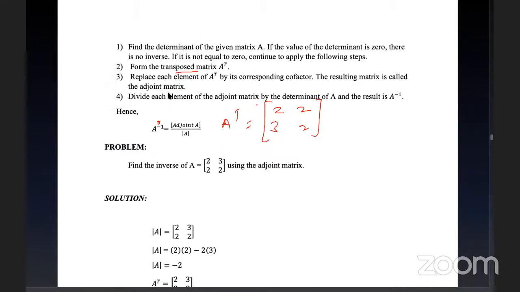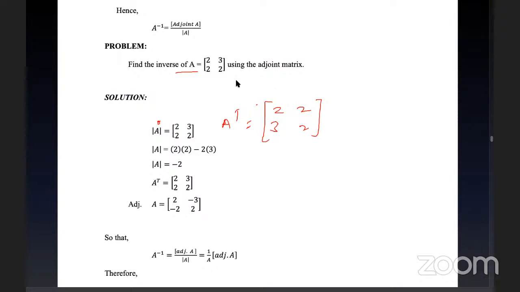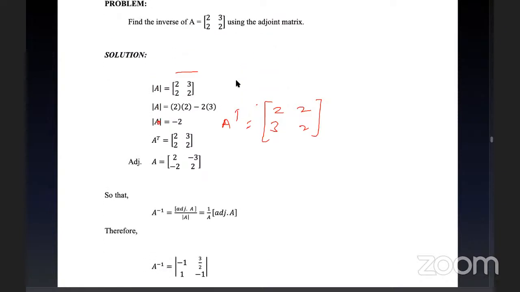And then, replace each element of transpose by its corresponding cofactor. Okay, so babaguhin lang natin yung sign. Adjoint. Divide by negative 2. Kaya ganun.